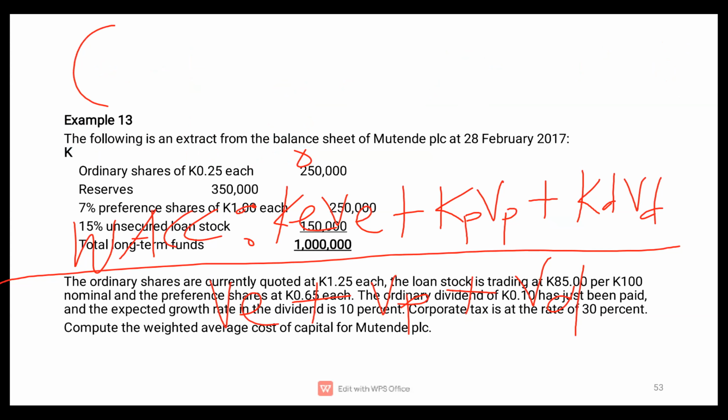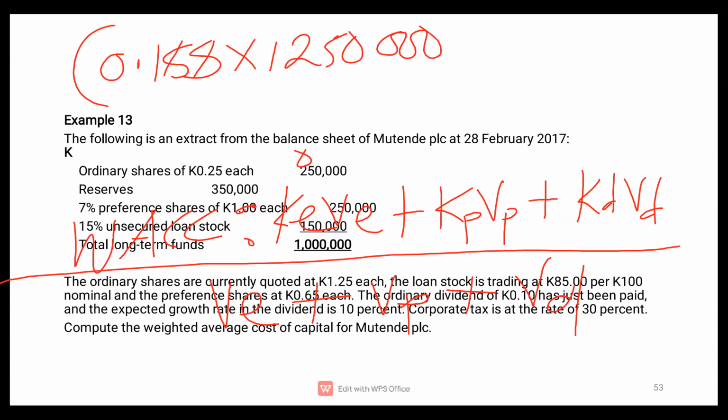What is the cost of equity? We said it was 18.8%, which is 0.188, times the value of equity, which was 1,250,000, plus for the cost of preference shares, we said it was 10.8, which is the same as 0.108, times the value of preference shares, 162,500.